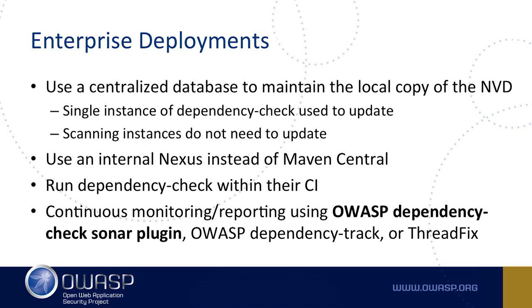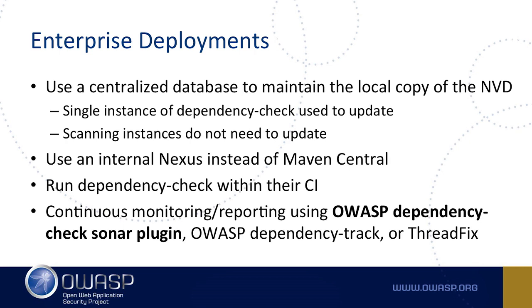In some cases, the build servers don't have access to the internet. So what they've done is stand up a real relational database and point all of their dependency check instances at that single database, and then have a single node that's able to connect to the internet used for updating the database.